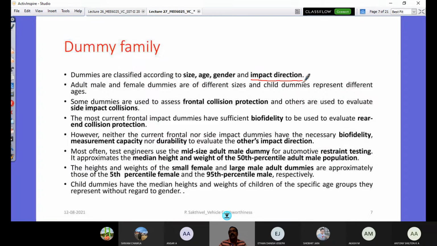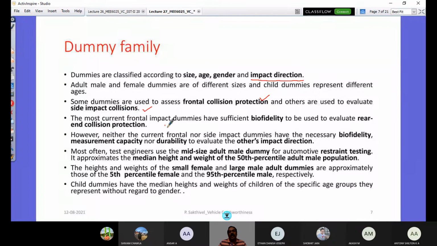So adult male and female dummies are of different sizes, and child dummies represent different ages. Some dummies are used to assess frontal collision protection, and others evaluate side impact collisions, that is the impact direction.